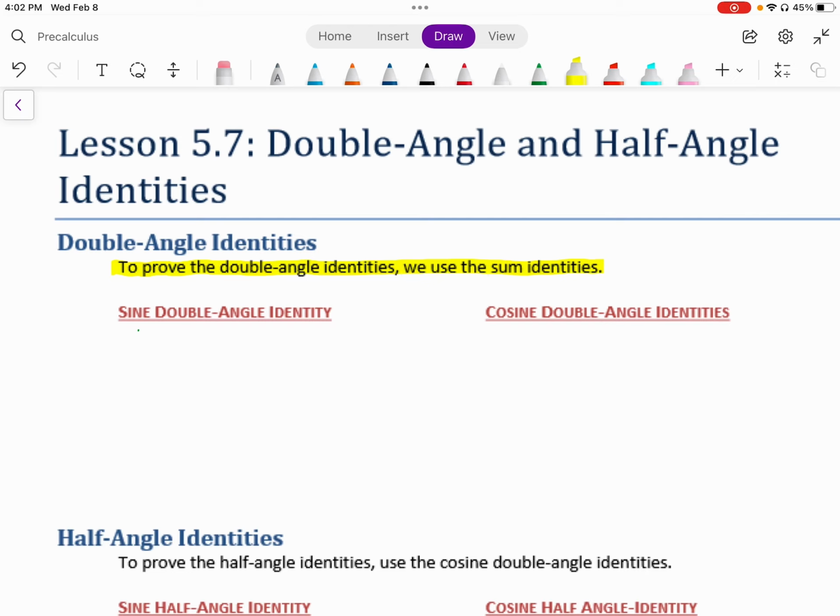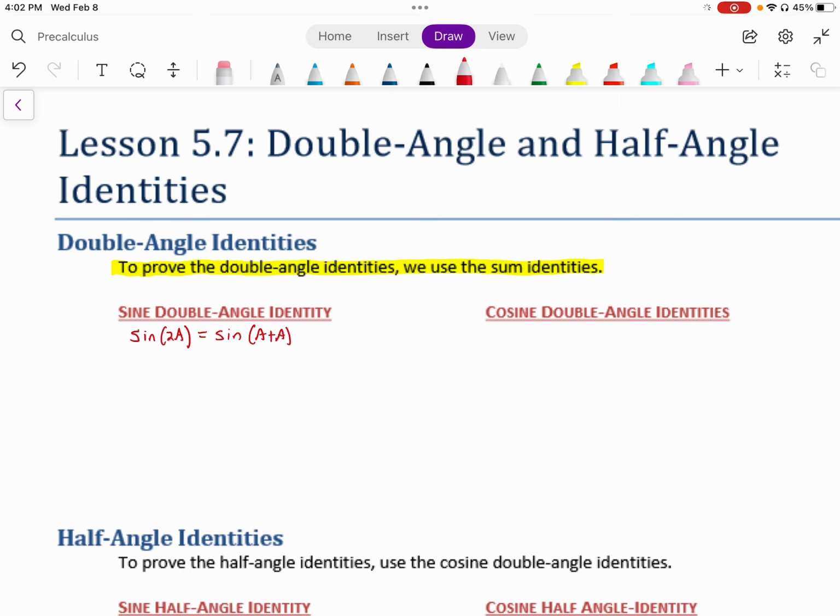So what we're going to do is come over to this first one here, and we're going to start by writing the sum identity for sine. So we know that sine of 2a equals sine of a plus a, because that's what 2a means.